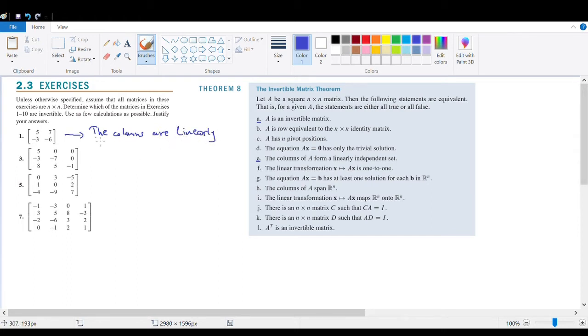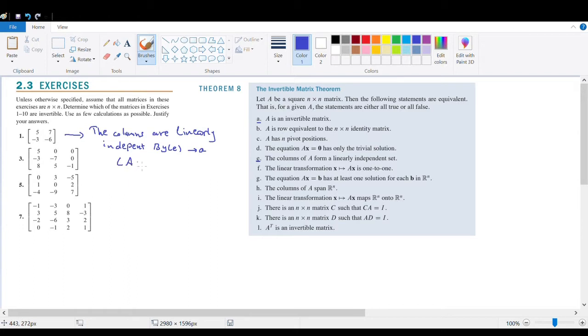So we can conclude by the invertible matrix theorem, by E, then we have A, which is A is invertible.